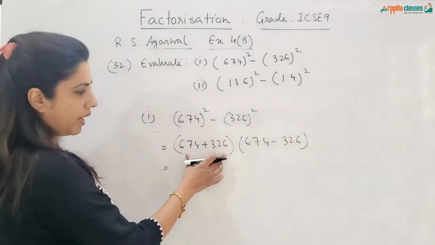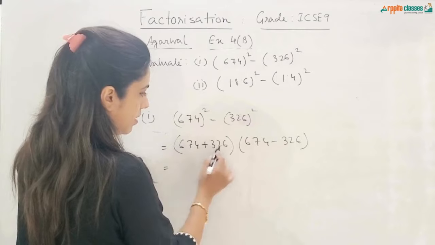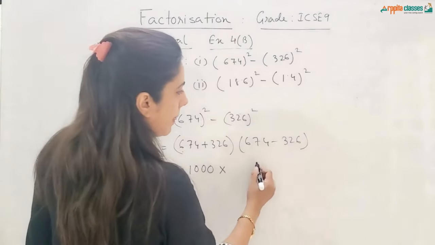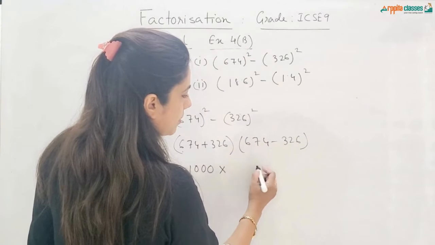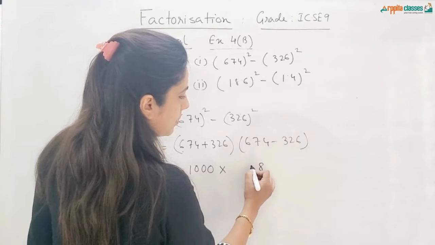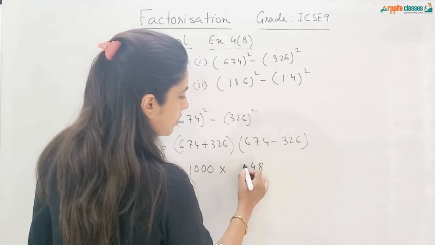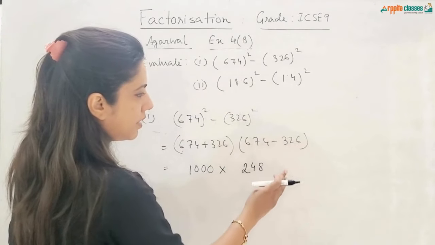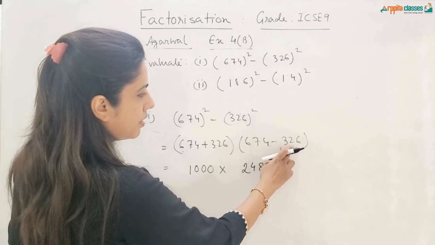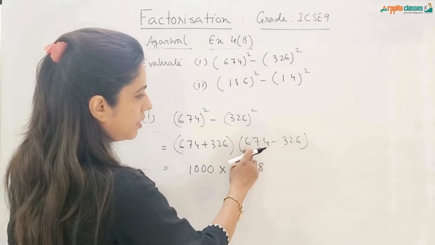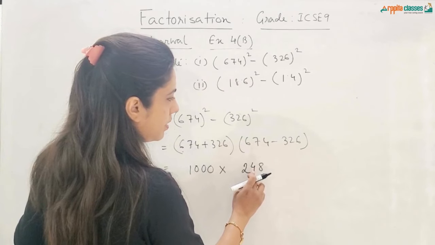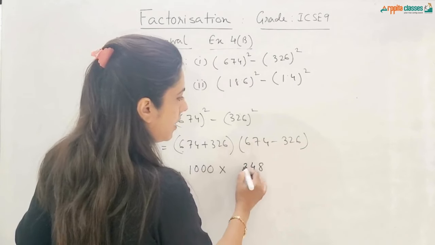So add them together, 1000 into 248. Well, once again I will just check. No, this is 348, sorry.